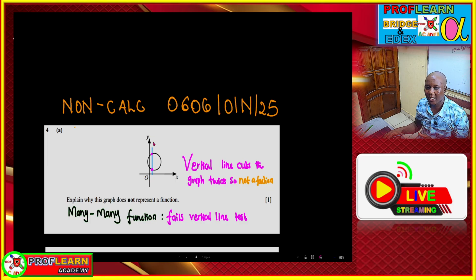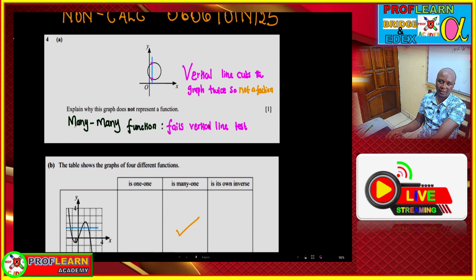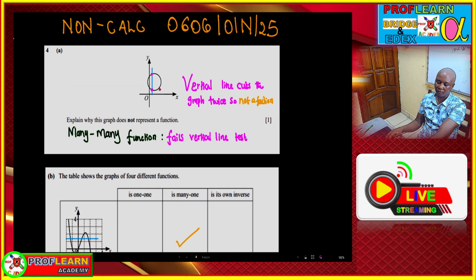If it cuts the graph twice, then that is not a function, that is a many-to-many, which is called a mapping. So this graph that we're given here actually failed the vertical line test, and in that way we shall say this is not a function.